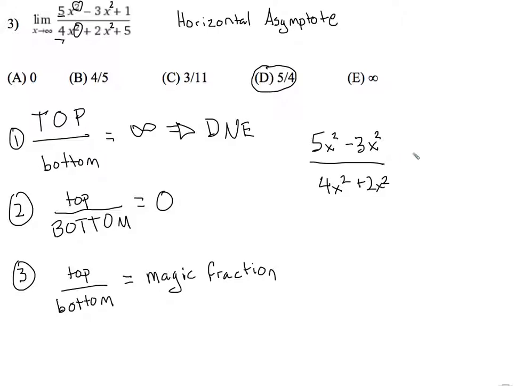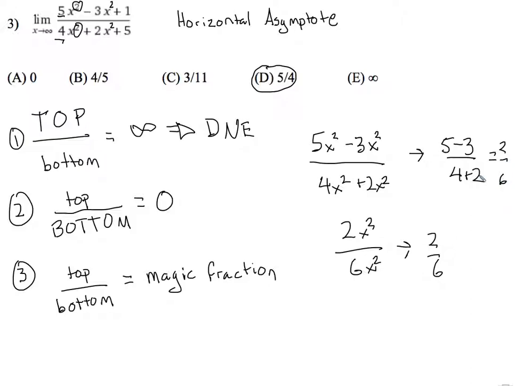You can either turn it into a magic fraction immediately, in which case it becomes 5 minus 3 over 4 plus 2, or you can go ahead and combine like terms. In that case, it will be 2x squared over 6x squared, and then again, magic fraction, 2 over 6. Again, it's going to be the same thing. Good question. I like that what if.